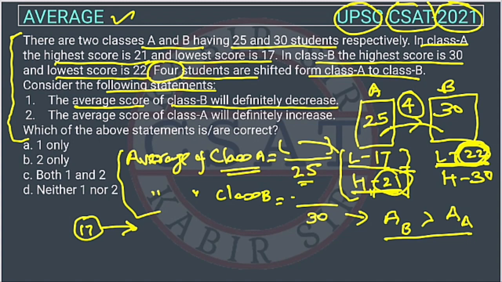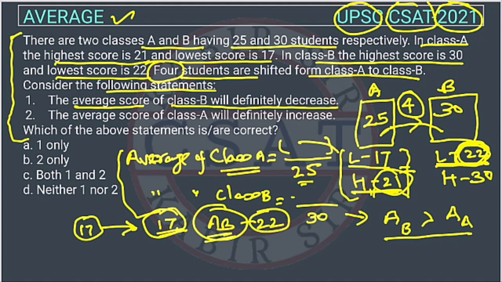Initially the average score was higher, but now some students are coming who have marks less than 22, because here the average will be 22, but now we are getting students whose marks are 17, right? So the average of class B will decrease. Why will it decrease? Because previously it was 22 and now we are getting students who have marks 17 or nearby 17. So to compensate this difference of 5 marks, right, the average will reduce, right?